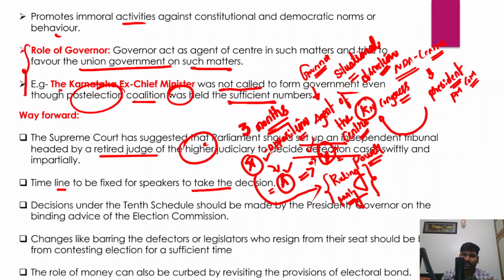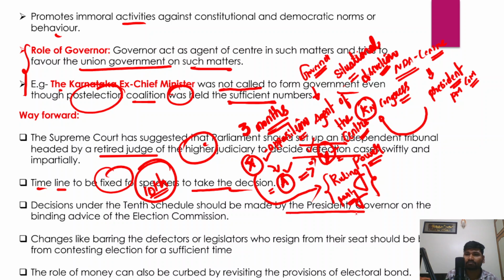So taking this into cognizance, the Supreme Court time and again said that there should be a timeline fixed for speaker to take the decision. And in fact, decisions that have been made under the 10th schedule should be made by the president or governor on the advice of the Election Commission of India.